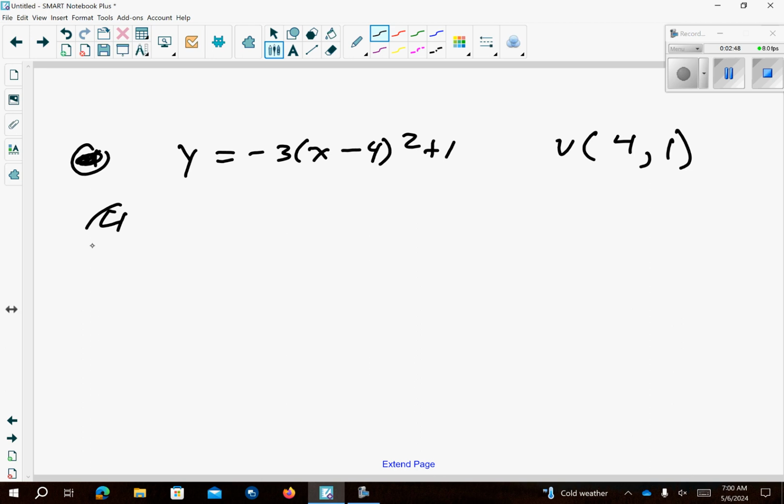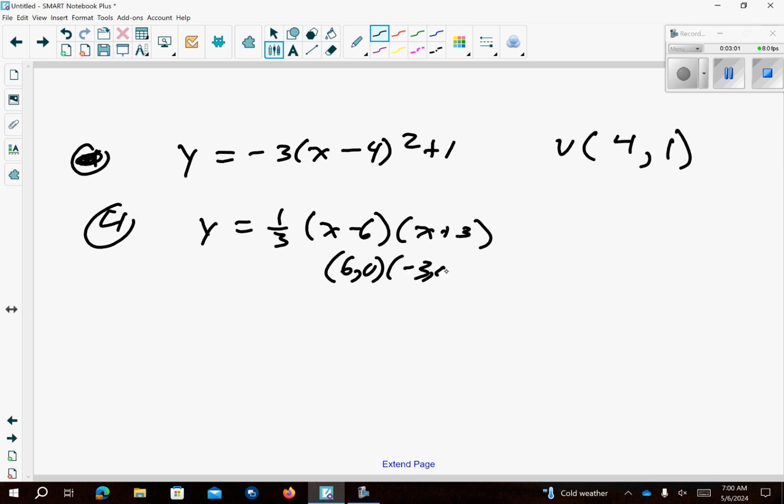Number 4 says find the x-intercepts. Well, if we have it labeled like this, the x-intercepts will be opposite, so it's going to be 6, 0 and -3, 0. Number 5, they want us to find the axis of symmetry.